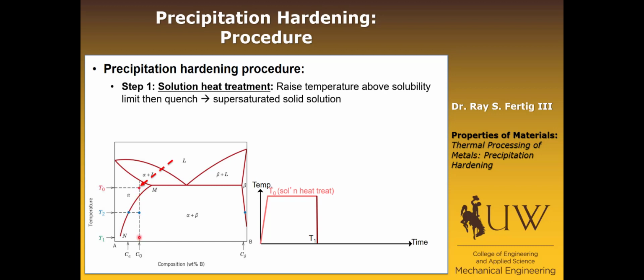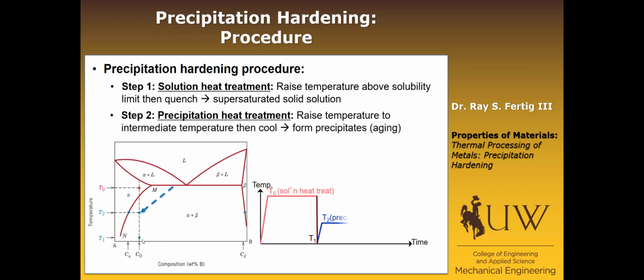Okay, so the quench is going to actually lock in an alpha phase with a higher concentration of whatever the alloying element is than is desired, and we call that a supersaturated solid solution. So that's the first step. In the second step, we do what's called a precipitation heat treatment.